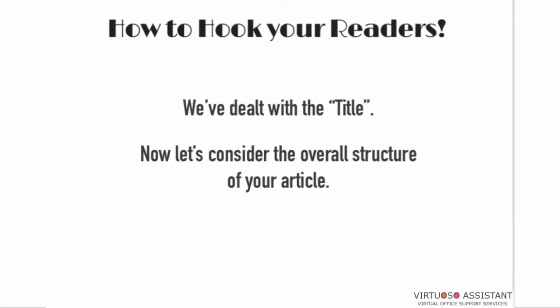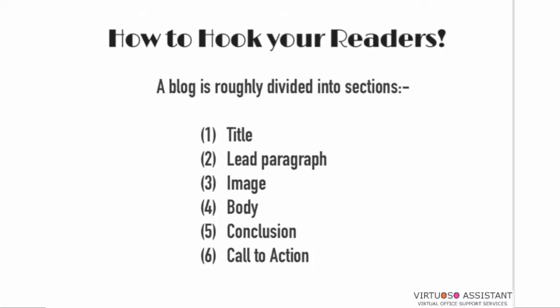So this week is all going to be about the overall structure of your article. Each article should be roughly divided into 6 sections. So number 1 is the title, and we dealt with that last week.